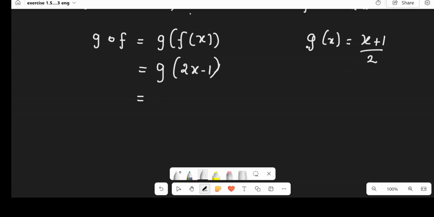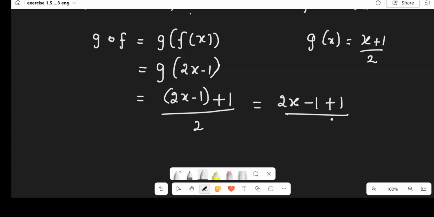The value of x is 2x minus 1, right? 2x minus 1, this plus 1 divided by 2. We can write like this also, 2x minus 1 plus 1 divided by 2. We can cancel minus 1 plus 1 at one go, and we can cancel this 2 also. So the answer is x. G of f is also x, right?